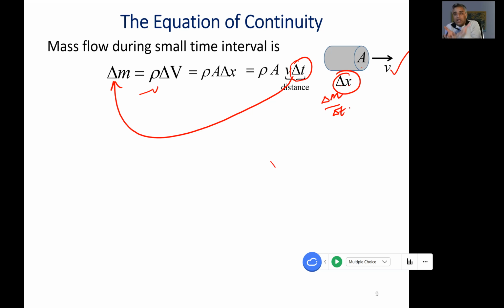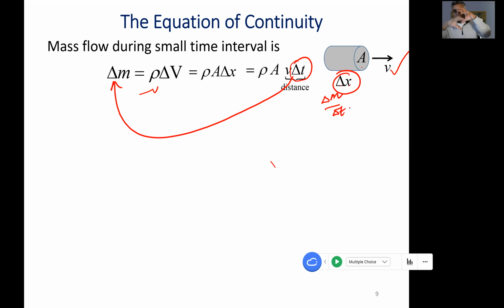So the mass you are collecting, let's suppose you open the faucet. Now you are measuring how much mass of the water you are collecting over a certain time interval, right? So let's suppose you collected water for 5 minutes and you weigh it.